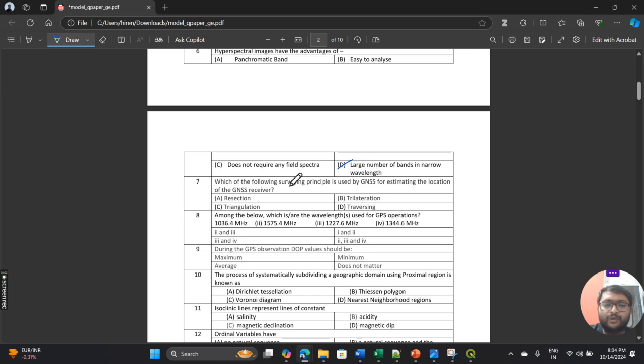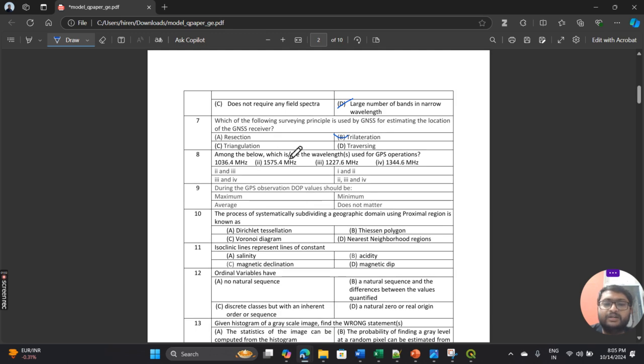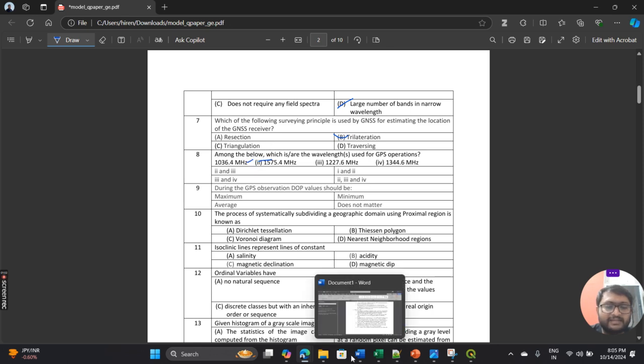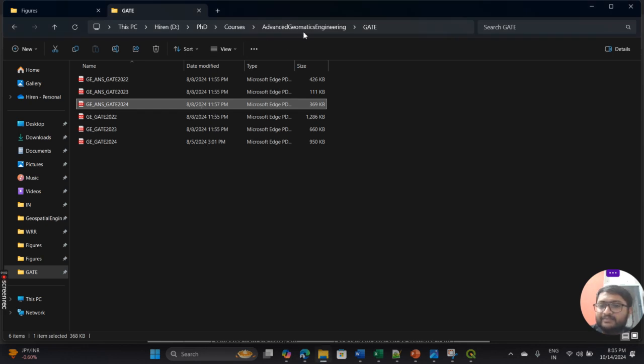Which of the following surveying principles is used by GNSS? It's known as trilateration. Then, which of the wavelengths is used by GPS operation? If you have gone through the slides, I think first and second, we'll just check it out.